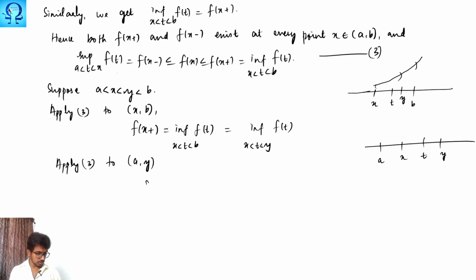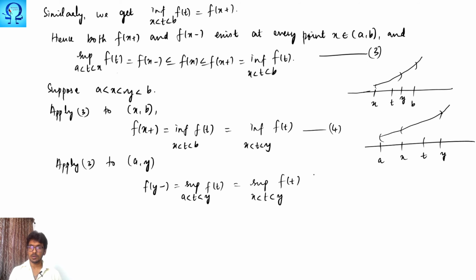So f of y minus is going to be the supremum over a less than t less than y of f of t. I am going to talk about the supremum, which means my supremum would occur at this place. So I take the supremum of this thing or this thing, that is going to be the same. So this is the supremum over x less than t less than y of f of t. Let us mark these as 4 and 5.